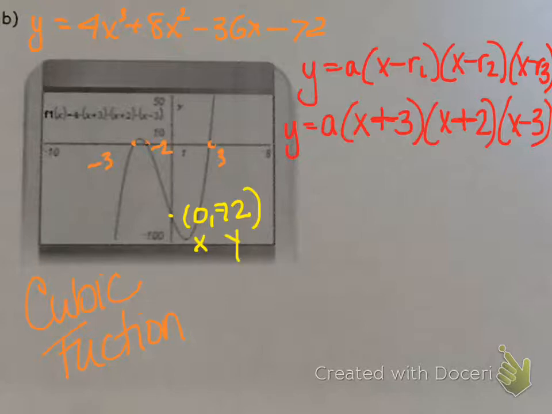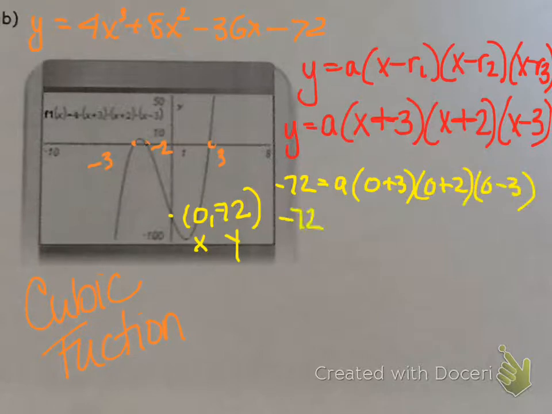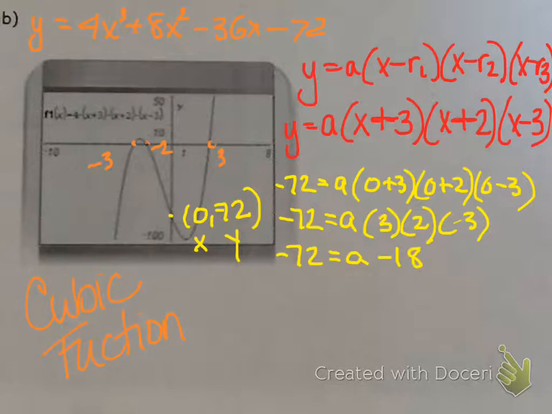So we can use that point to plug in x and y, and we can find a. So we would have -72 equals a times (0 plus 3)(0 plus 2)(0 minus 3). So -72 equals a times 3 times 2 times -3. So -72 equals a times -18.